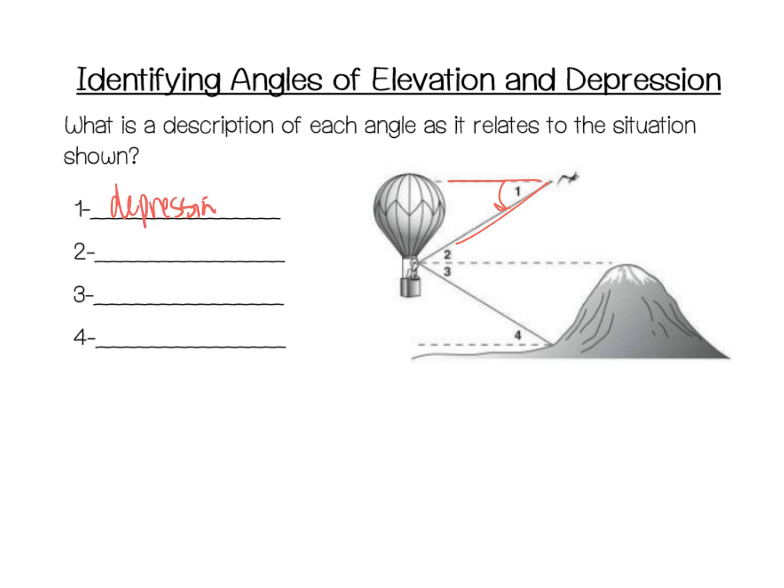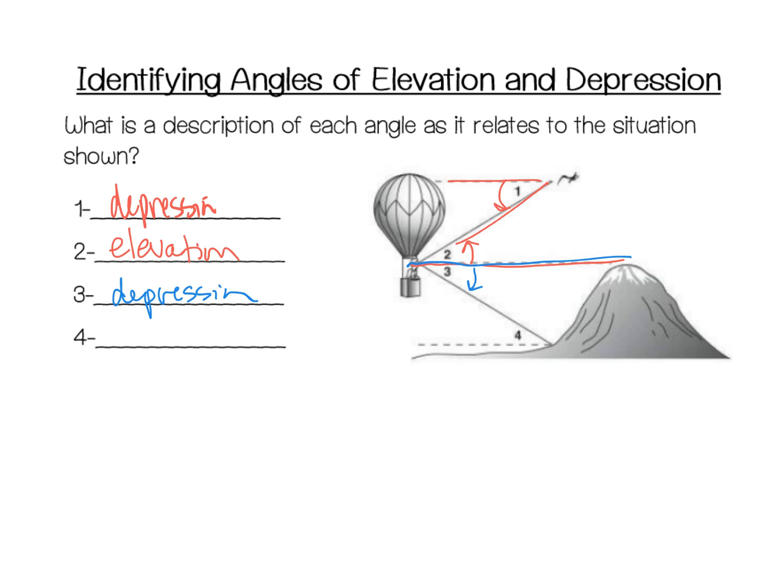Angle number 2, here's my horizon. To go from the horizon to the other side would be going up. So that would be an angle of elevation. Number 3, start with my horizon. Going to the other leg of that angle would be looking down. So that would be an angle of depression.